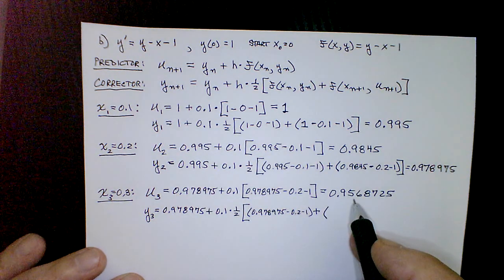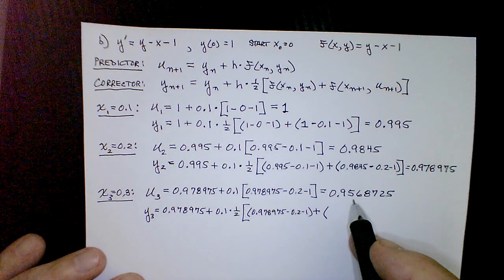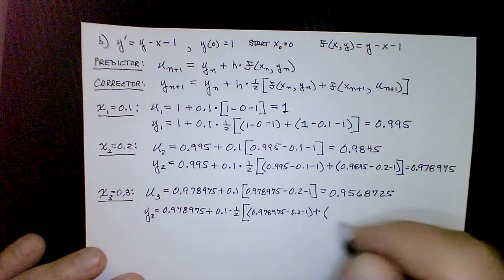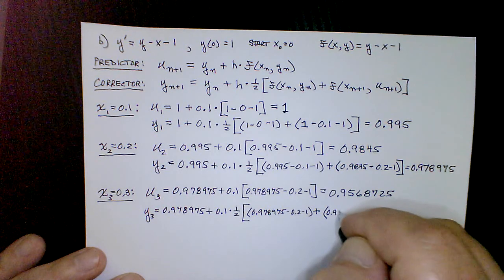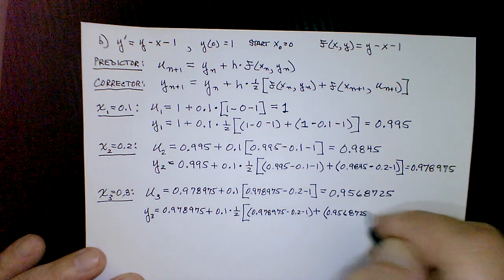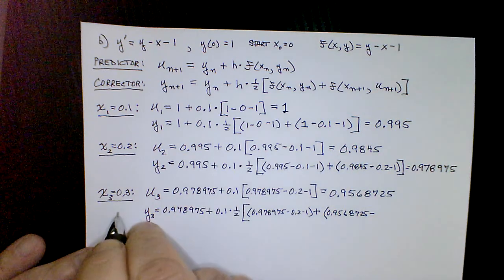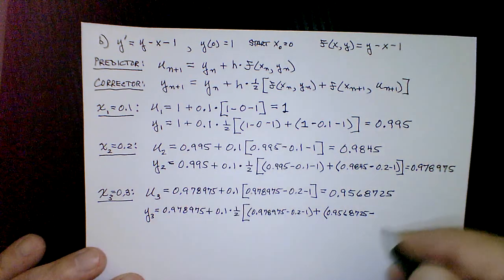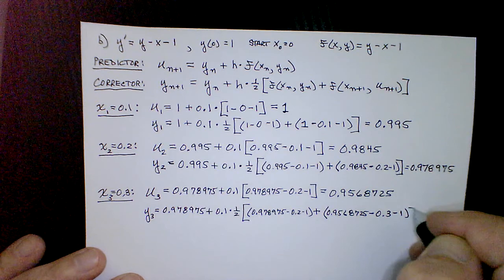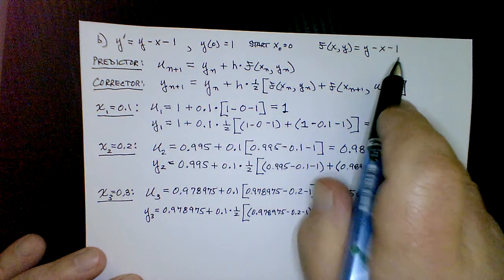So u sub n plus 1 is this u3 value, 0.9568725, minus the x value, which is the new x value of 0.3, and then minus the 1 that again is part of the formula.